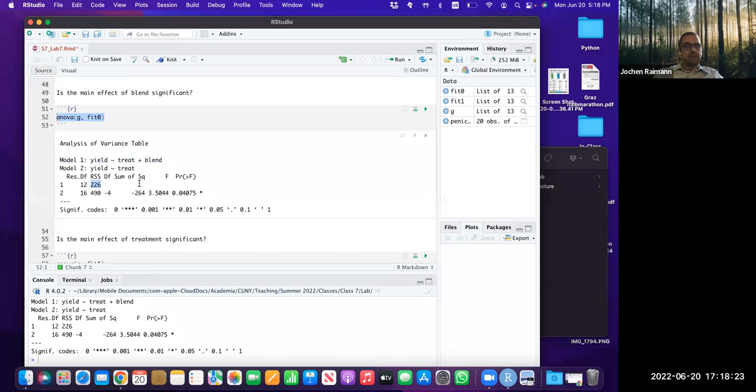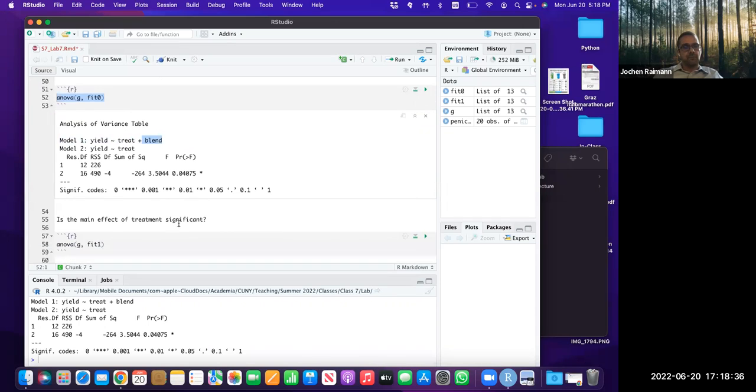This means that the inclusion of blend has allowed you to explain more of the variations you see between the various cells in your pivot table.